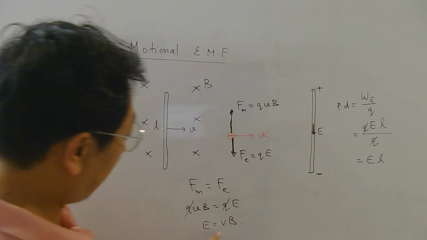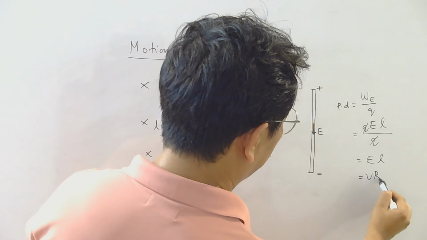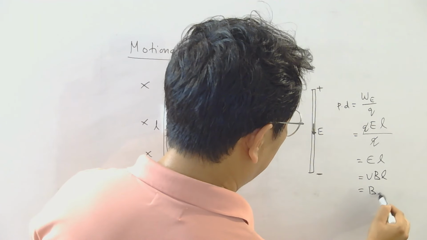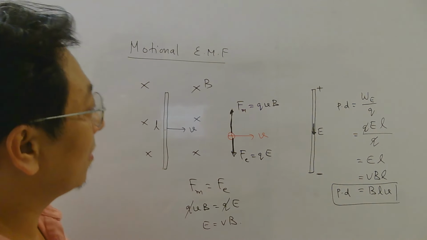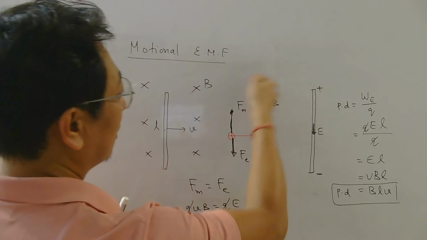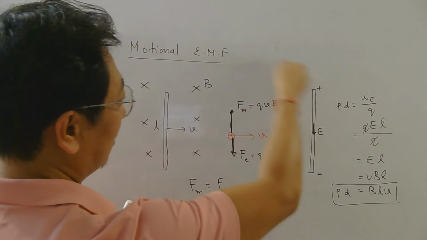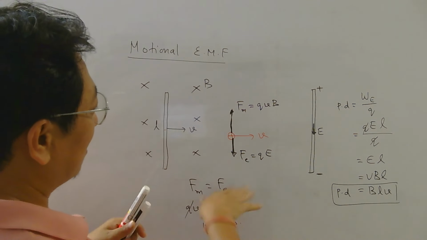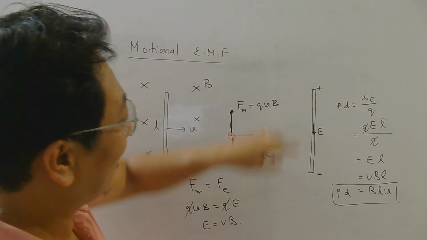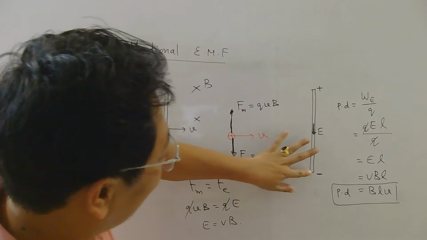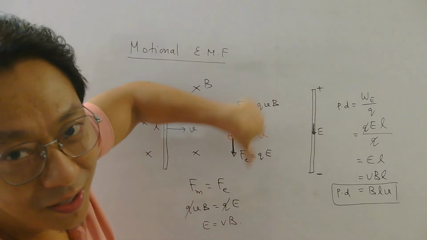And what is E in magnitude? VB. So this is your BLV. This much potential difference is there between the ends of the rod. And right now, no current is flowing in the rod, because once equilibrium is reached, this movement of charges will stop, right? And since I have not connected any external wire, no current can flow.